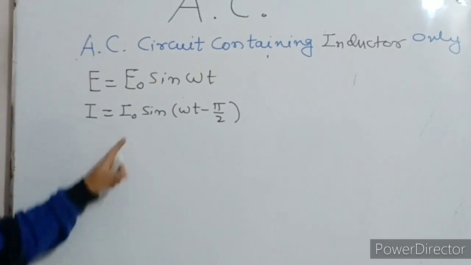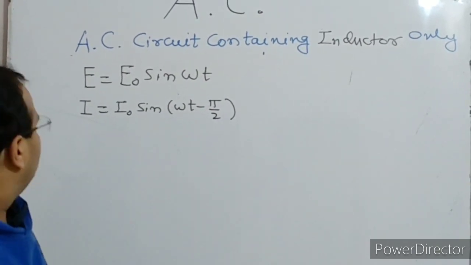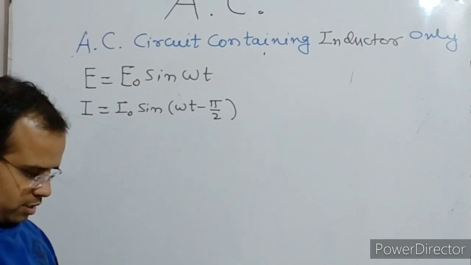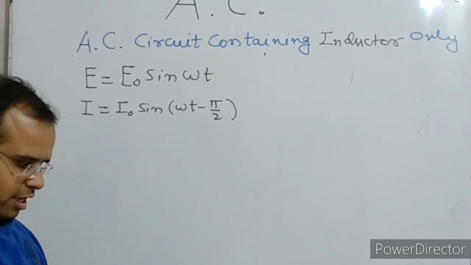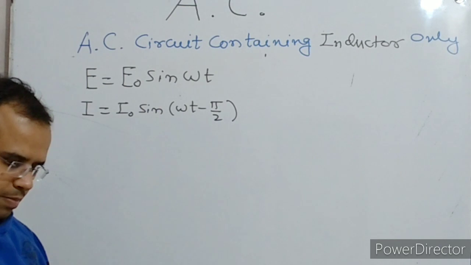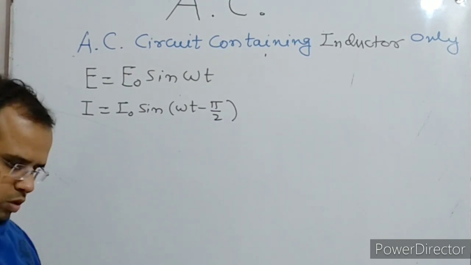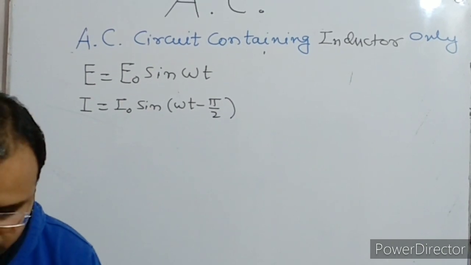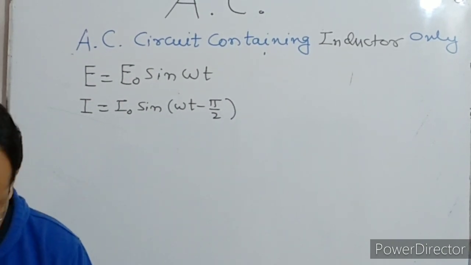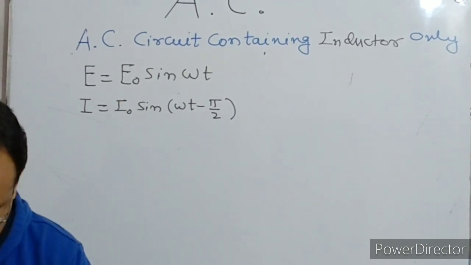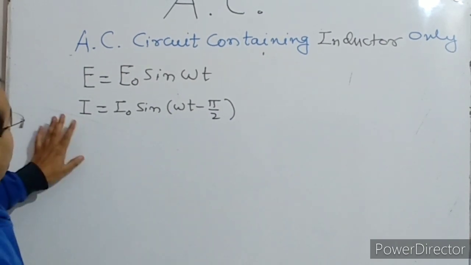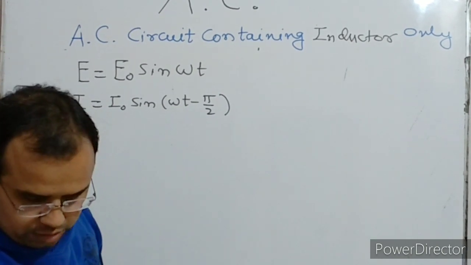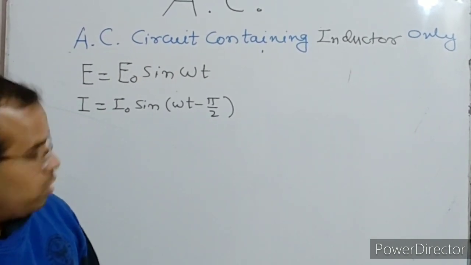So it is obvious that the EMF is leading, or the current is lagging behind the EMF by angle pi by 2. Let us try to understand how we can represent this in the form of a phasor diagram and also in the form of a graph. So that we are going to discuss now.